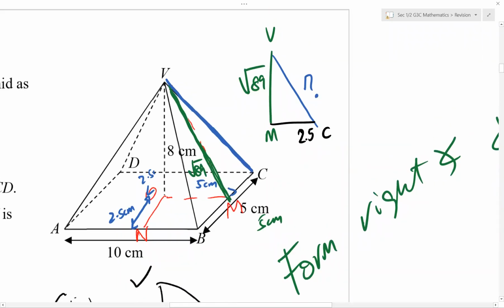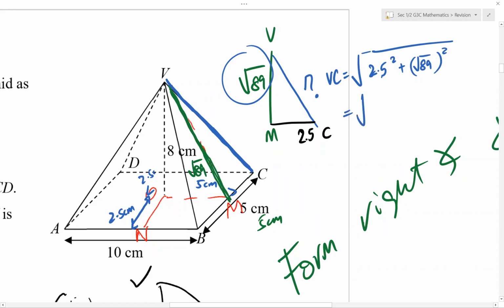So by keeping the VM as square root 89, we are able to achieve a more accurate answer for VC, because VC is going to be the square root of 2.5 squared plus the vertical length squared. So when you have square root 89 and you square it again, you end up square rooting an exact figure.